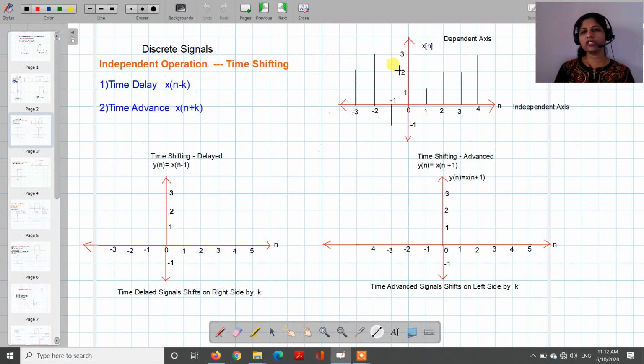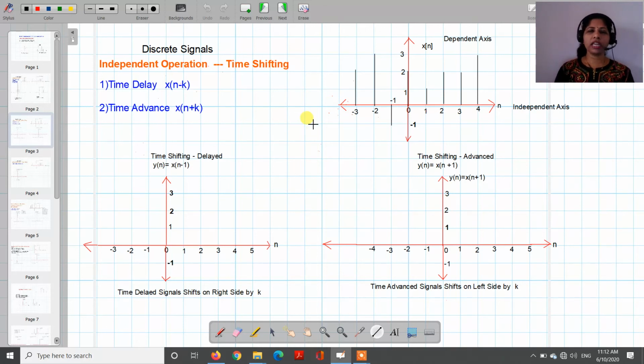For example, this is the original signal x of n, which starts from minus 3 and ends at 4. We have to perform the time delay operation on the independent axis. Delay means we have to shift this signal to the right side.